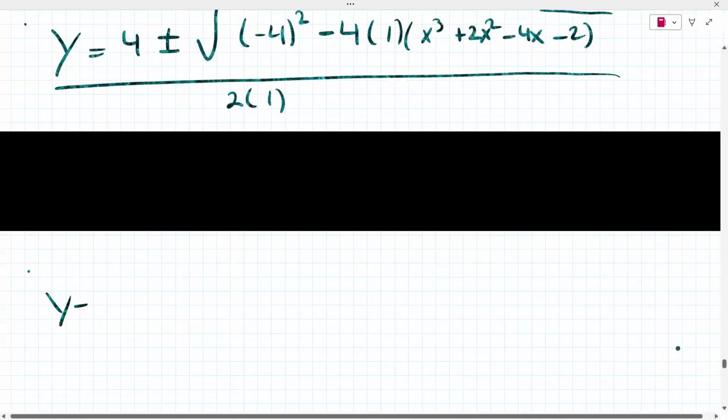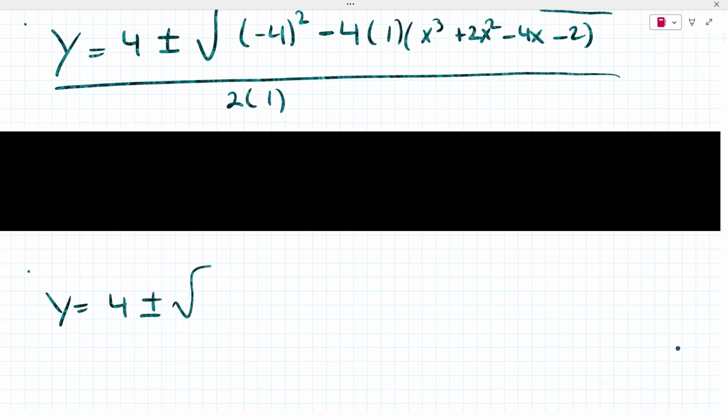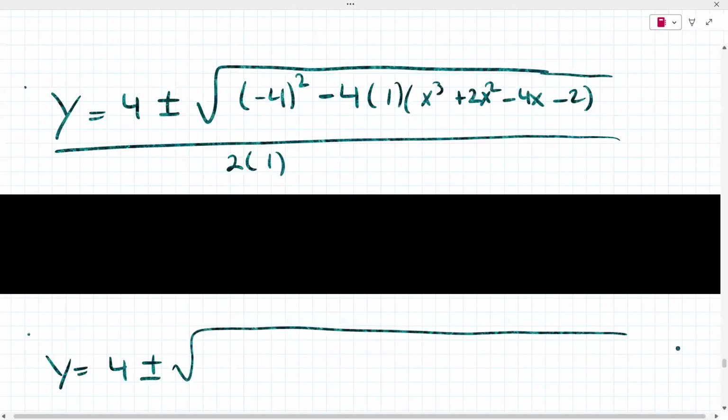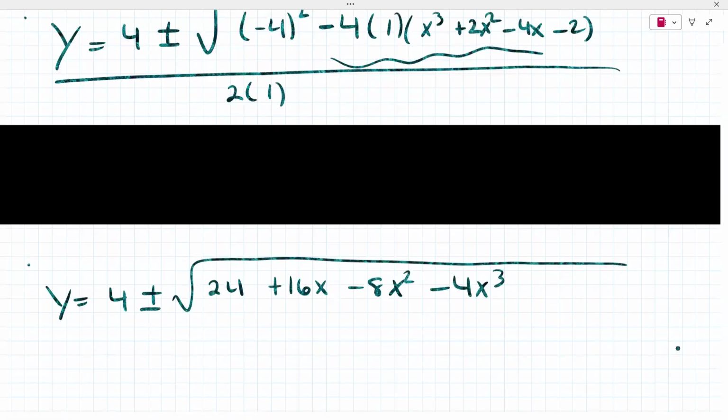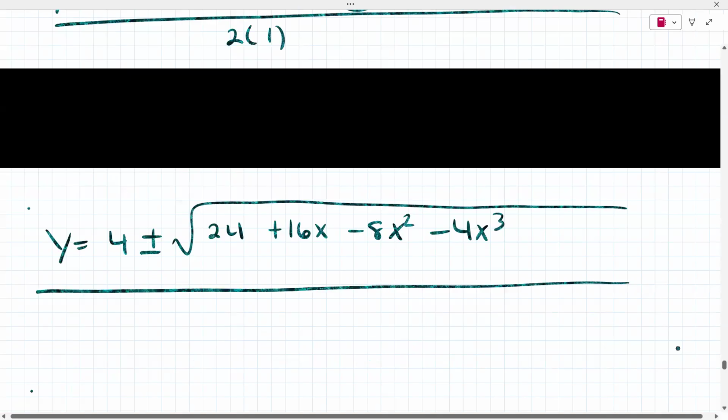So it's y equals 4 plus or minus root. -4 squared is 16. And then if you clean this up and FOIL it out, you should get plus 16x minus 8x squared minus 4x cubed, all over 2.